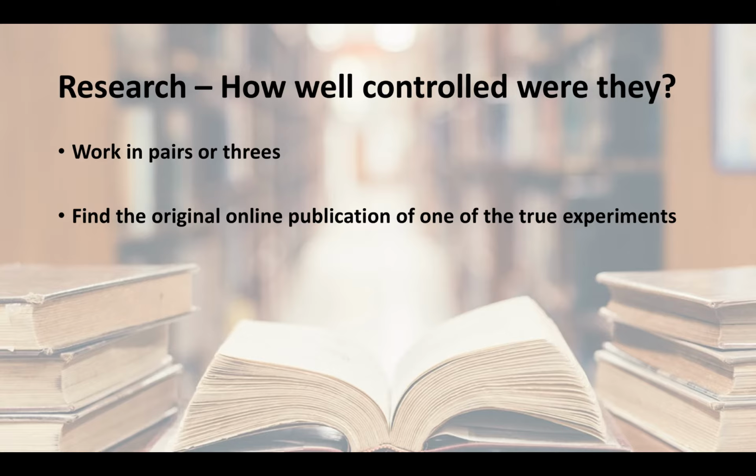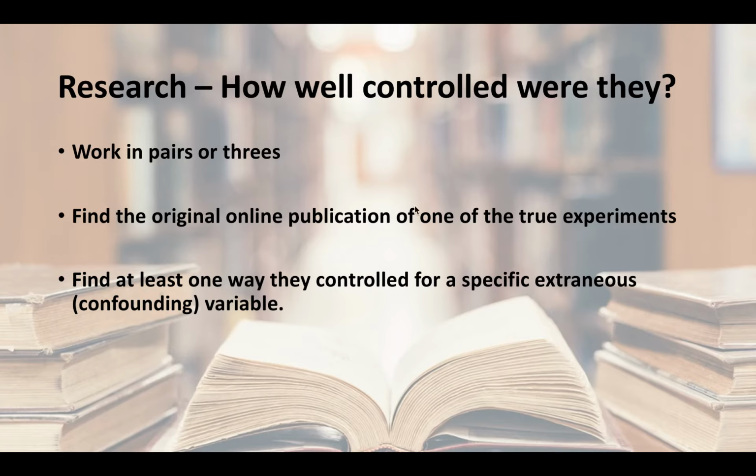So, for example, Lillard and Peterson, the TV one, the pen is mightier than the keyboard, which is Mueller and Oppenheimer, or Sparrow's effects of Google on memory. All those are available online, and they work in pairs or threes and see if they can find these studies, and then find at least one way they control for a specific confounding variable, an extraneous variable, because that is the key part of a true experiment, and that's just getting them to engage in those original studies.